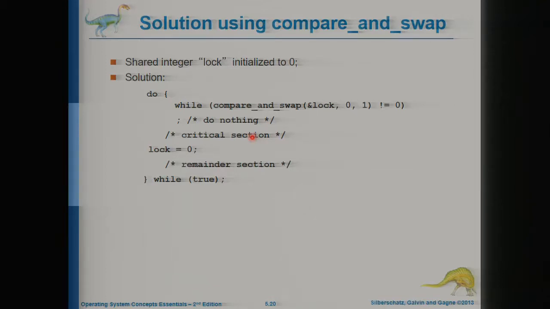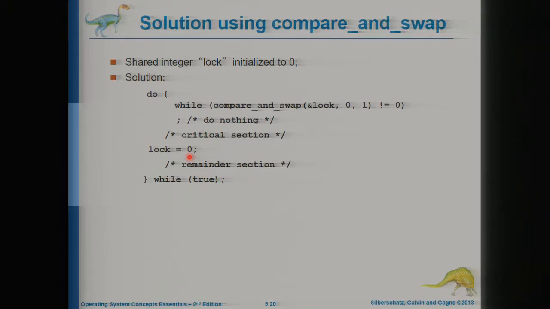So other processes that want to enter the critical section will have to wait till this lock becomes 0. When the process executing in its critical section assigns the lock value as 0, and it goes into the remainder section, the other waiting processes will get the lock value as 0.